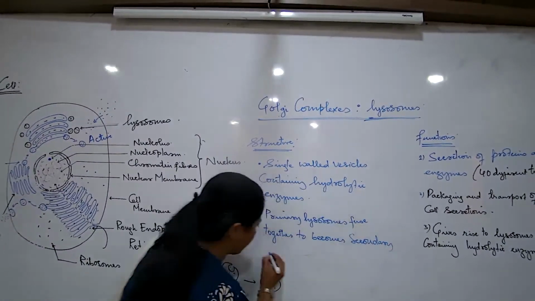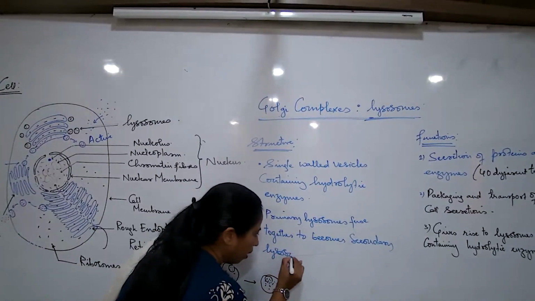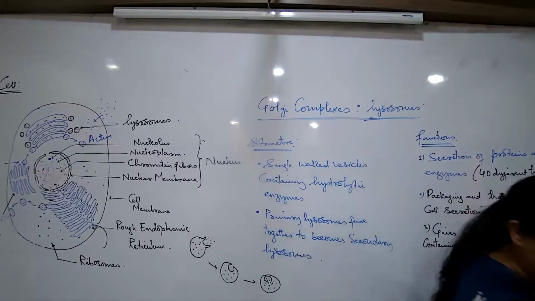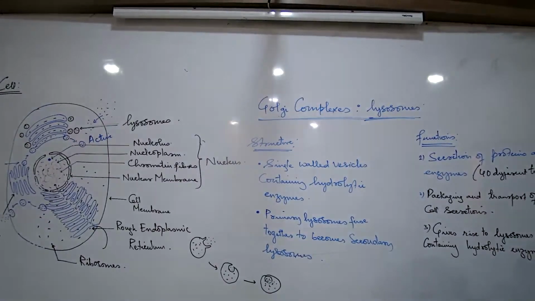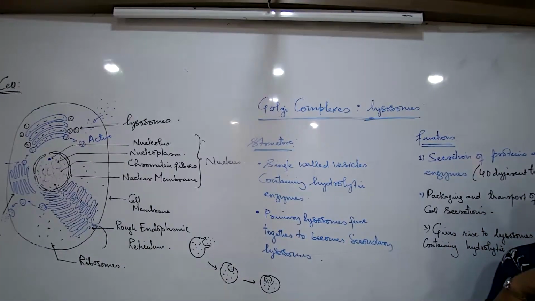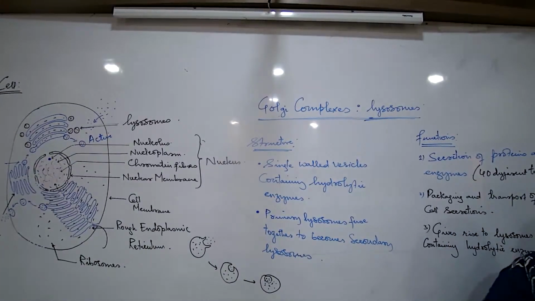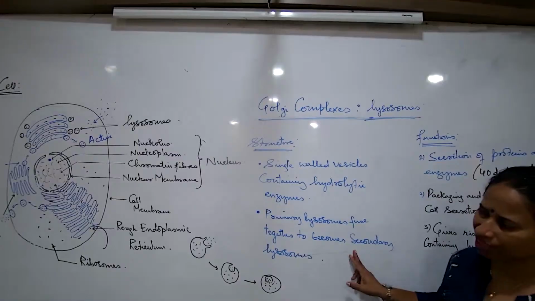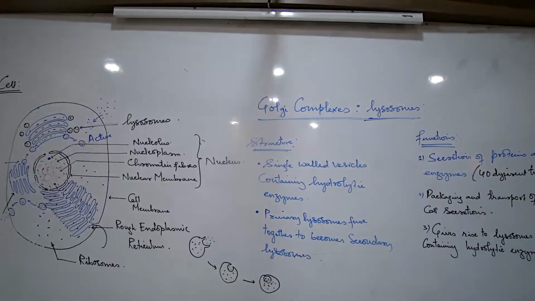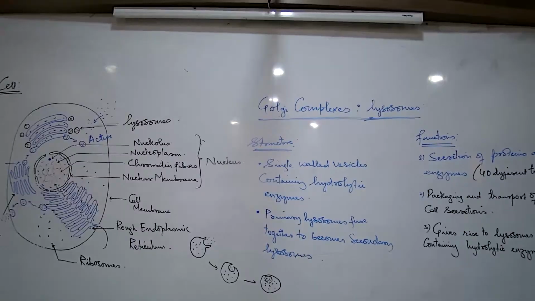What is the meaning of primary and secondary here? Primary lysosomes here means the small lysosomes, they sometimes come together and become bigger inside the cell. The amount of the enzyme is so much and they can easily kill the microbes. So here the words primary and secondary are typically talking about how they tackle the germs.